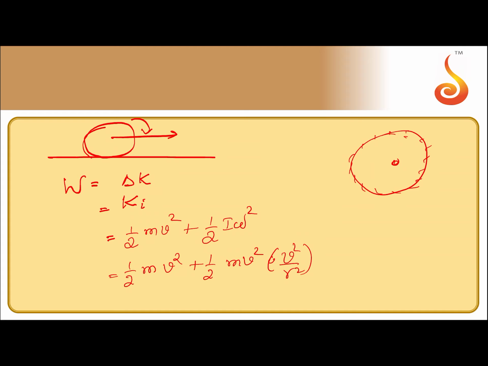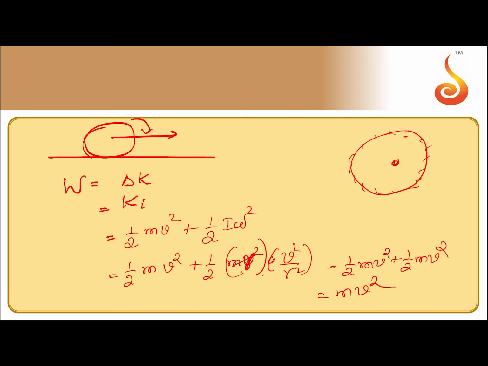So if you simplify it further, what do we get? This is half m r square by the way. So I get half mv square plus half mv square, or mv square.